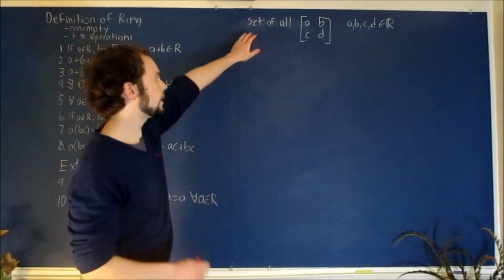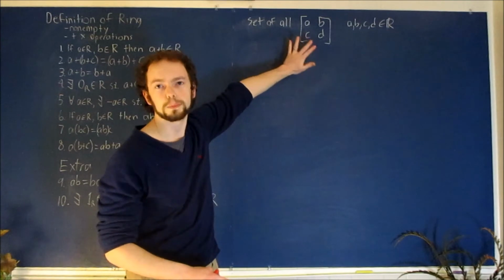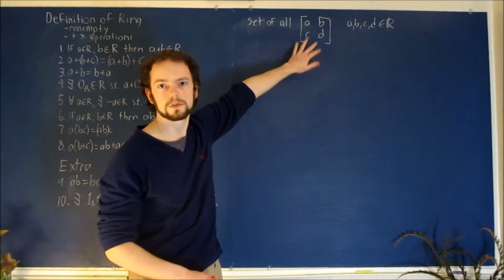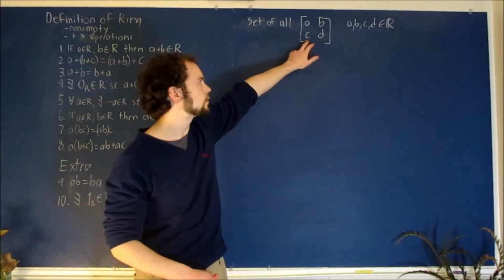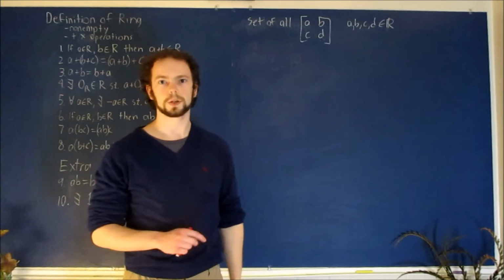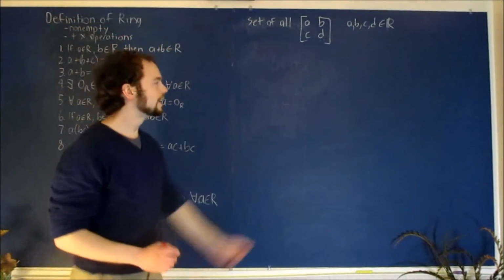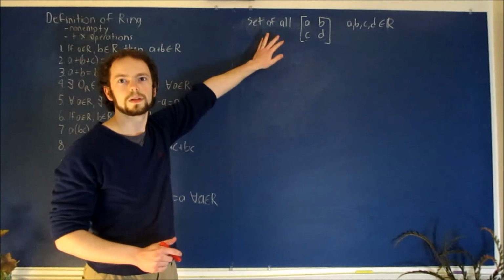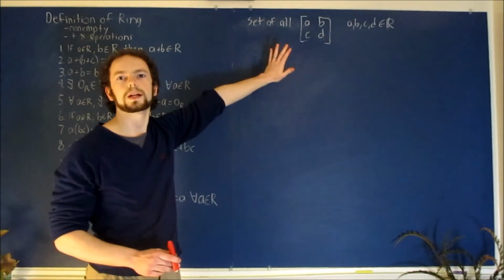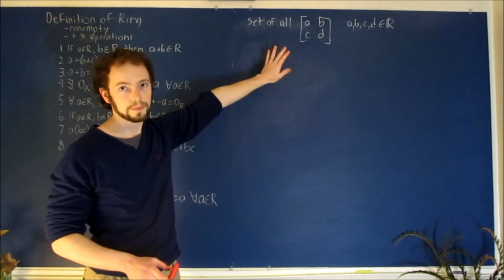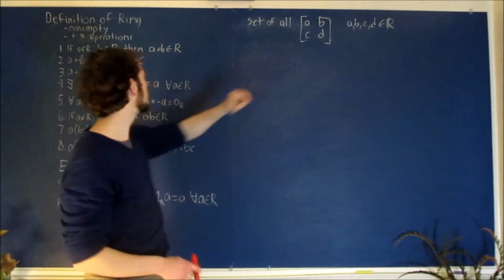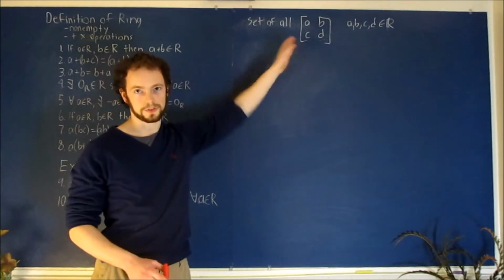And if we're looking at the set of all possible matrices of this form, this forms a ring. Now, in this example, the elements of the ring are no longer numbers. The elements of the ring are now matrices.